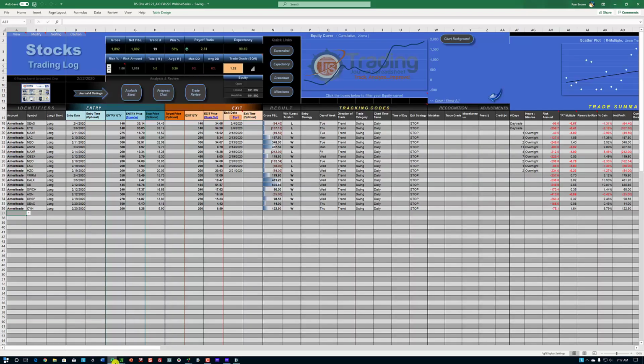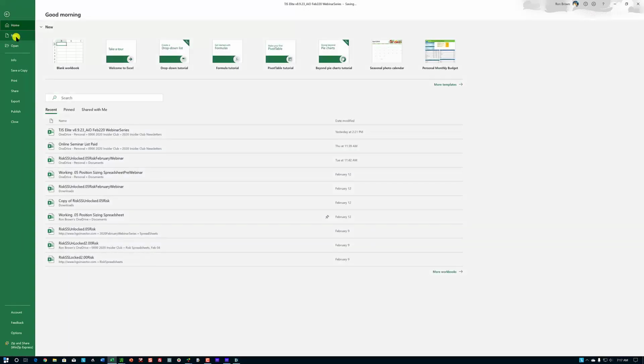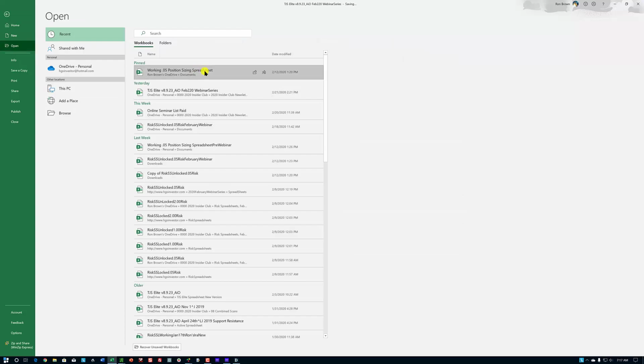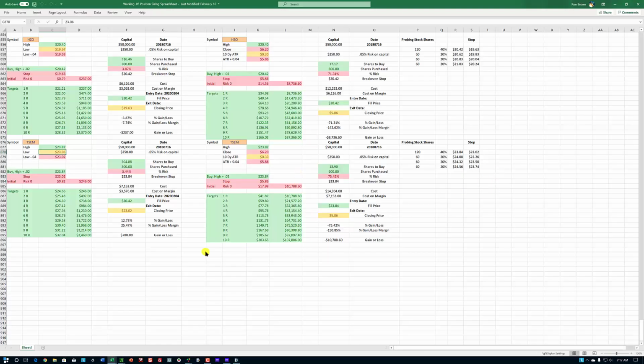These are something I put together probably 3 years ago. I don't think I have it up. Let me open it. It's a spreadsheet which helps set up trades and controls your risk. This is all about risk-based trading.